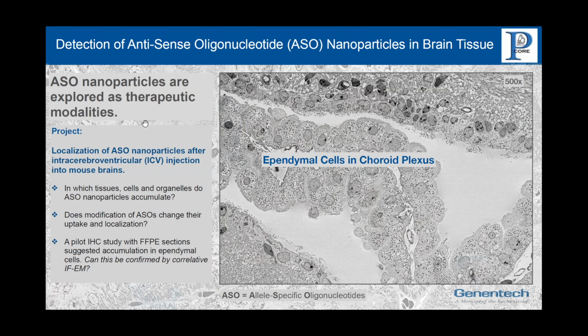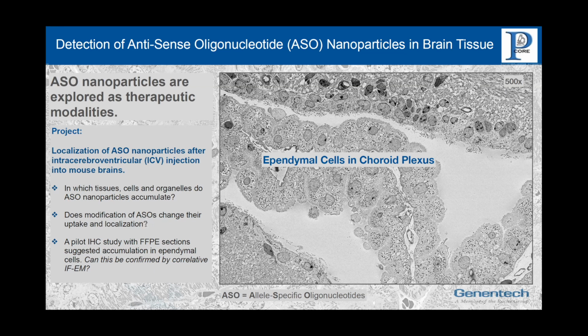A typical project is that an investigator injects these particles into a tissue, and now the question is, where do these ASO nanoparticles actually end up? The particular question is, which tissue cells and organelles are involved in the accumulation of these nanoparticles? And if you modify these particles, is their route of uptake and distribution changed?